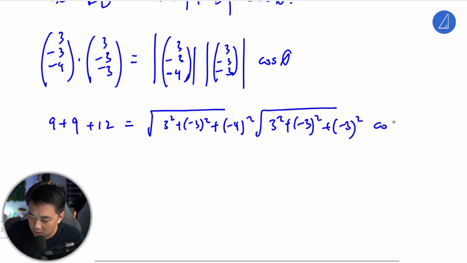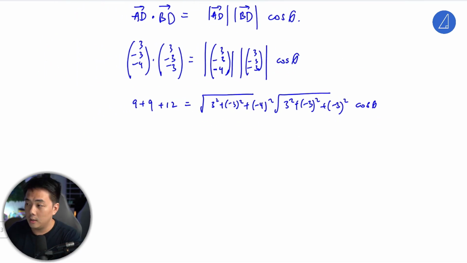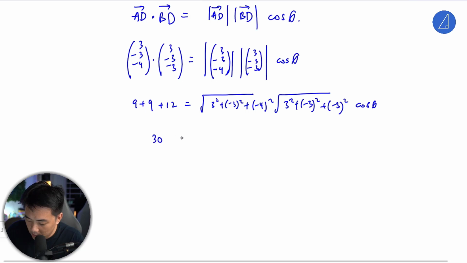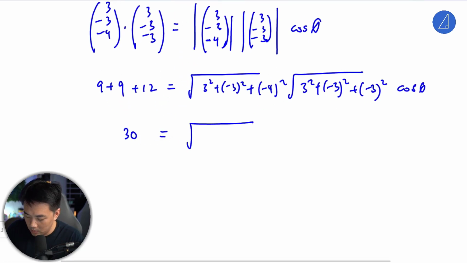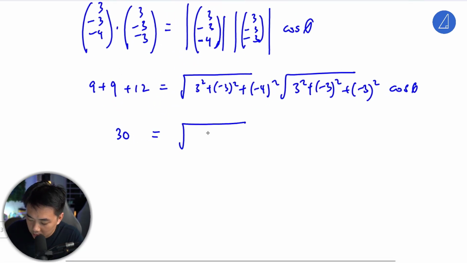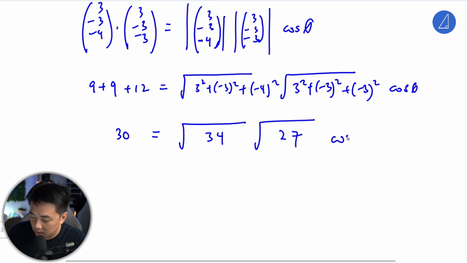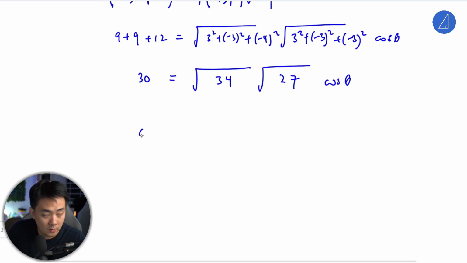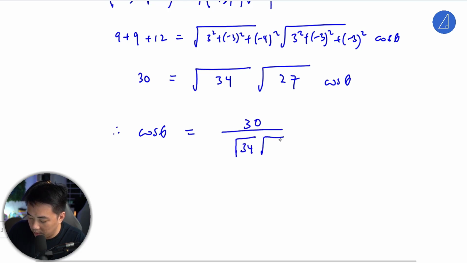So we just key it into the calculator. 30 equals square root 34, and 9 plus 9 plus 9 is 27, times cosine theta. So cosine theta will be 30 over root 34 multiplied by root 27.